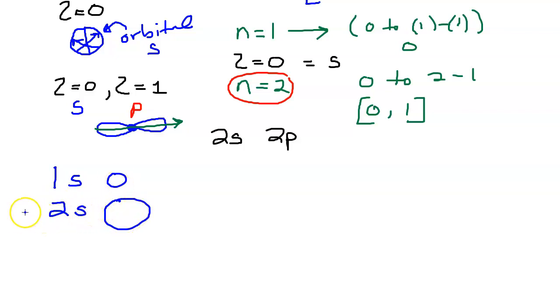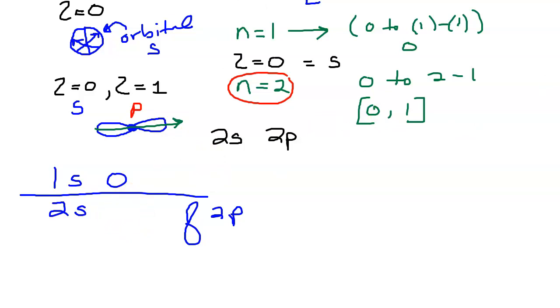And only when n equals 2, the second principal energy level, do you have these p orbitals that are dumbbell shaped. And this is a 2p orbital. It's very important. Now, it's important to realize that the 2p orbital is indexed by the size.